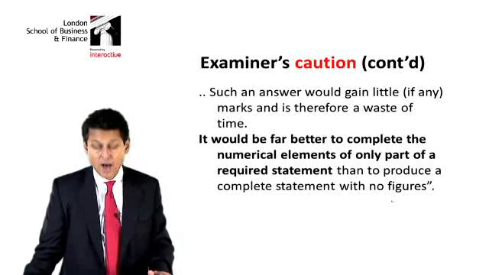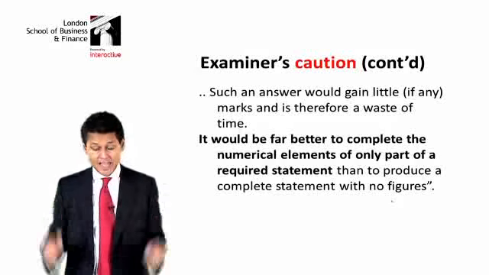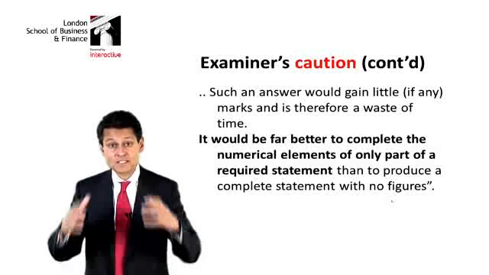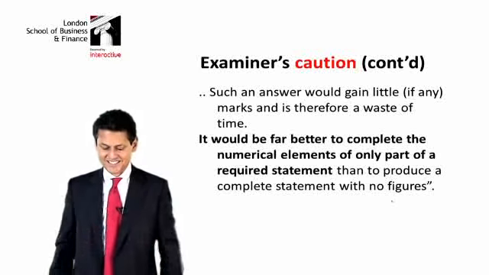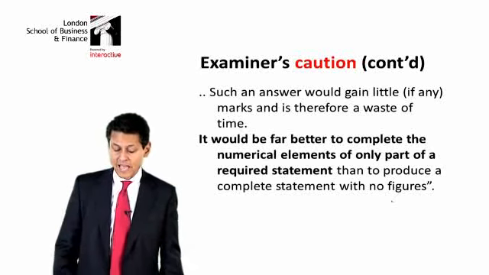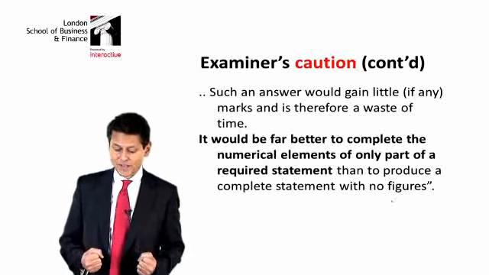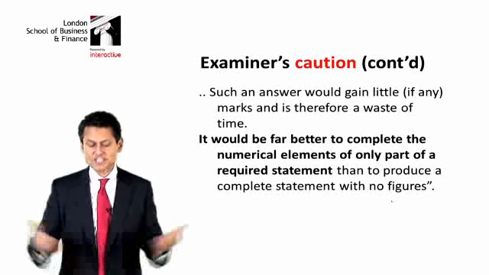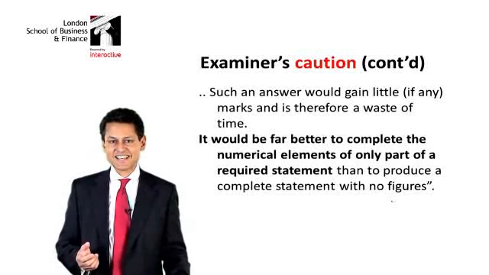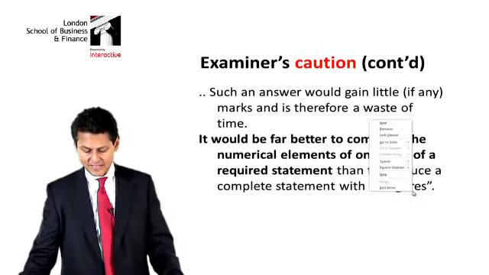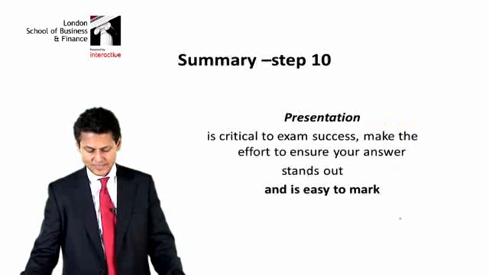Be careful. It would be far better, this is all examiner's language, it would be far better, says Steve Scott to you, the student, to complete the numerical elements of only part of a required question than to produce a complete statement with no figures. So do have a read of that carefully again, please.